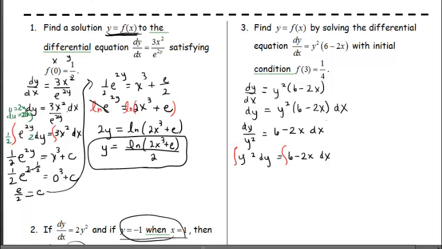Bring in the integral symbol. Ooh, that should have been a negative. I don't know if it just disappeared or I left it off. That's a -2. Looks like it just disappeared. All right, reverse power rule. This is going to be -y to the -1. 6x minus x squared plus c.